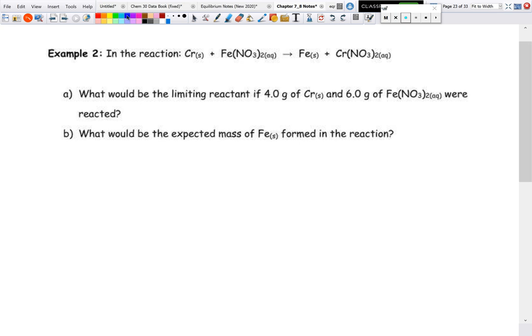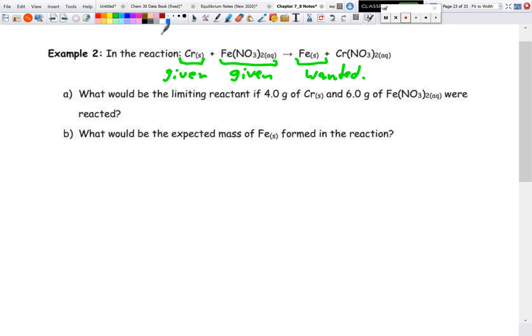So in this case, I'm not going to rewrite the balanced chemical equation because we are given it, and this is our wanted for part B. So we can just put 2 of these together. So basically part A, we don't need to start off with our balanced chemical equation.